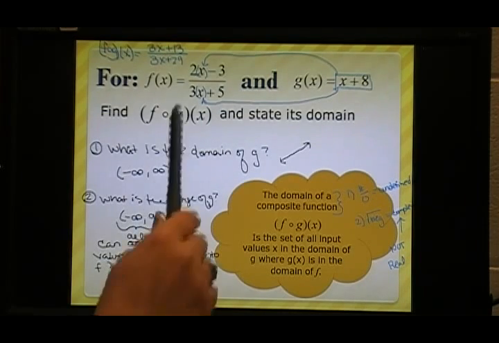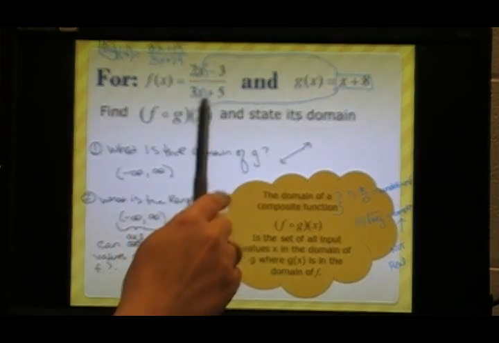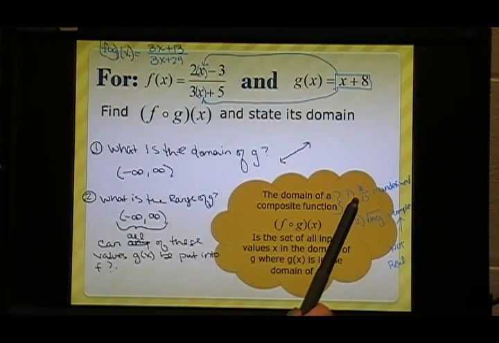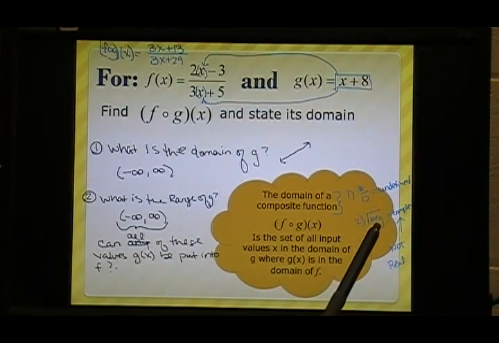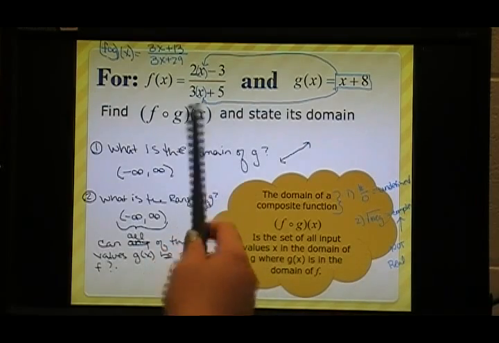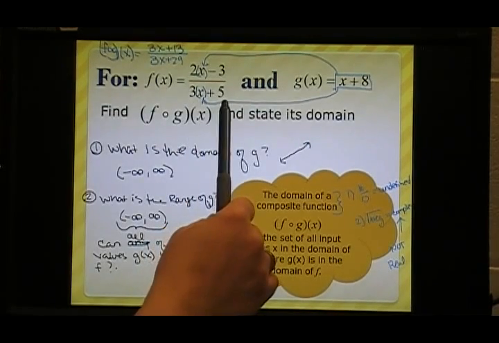Okay? Is there any concern about getting division by 0 or a negative number? And that answer is, yeah, there is concern, right?